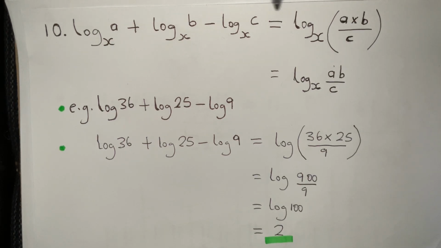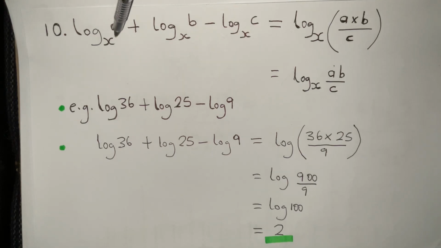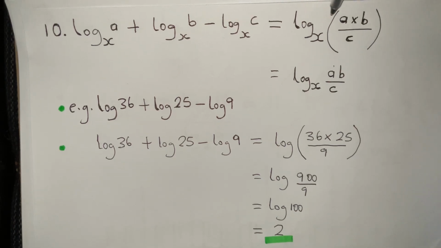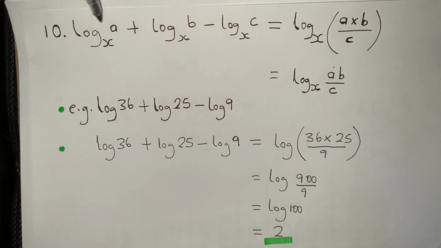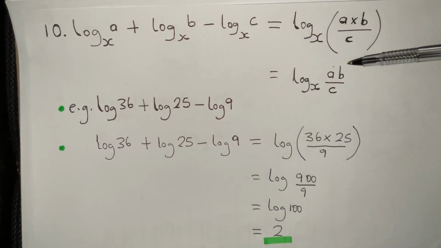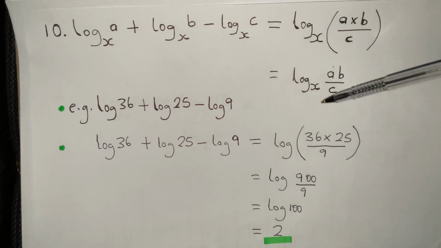This negative will be divided, so it becomes log of a multiplied by b divided by c to base x. So it's a combination of the first law and the second law. Finally, it becomes log of ab over c to base x.